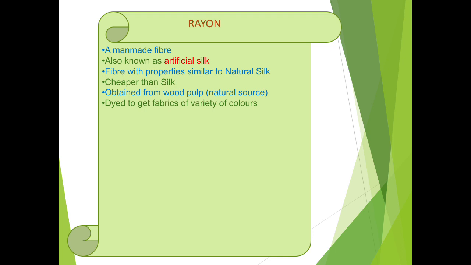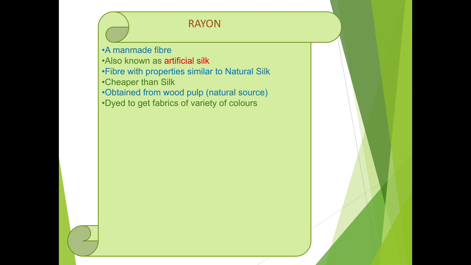That is, it is prepared by a man from artificial ways from some chemical substances. Then this rayon, that is this type of synthetic fiber, have properties similar to natural silk. That is, this artificial silk have properties similar to that of natural silk, and thus it is known as artificial silk.